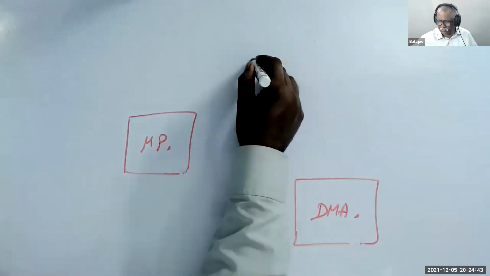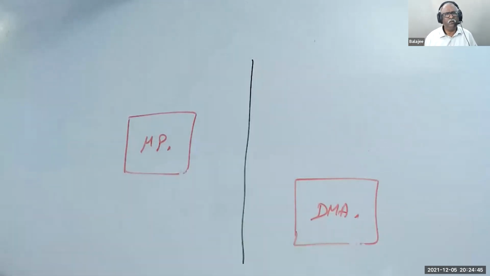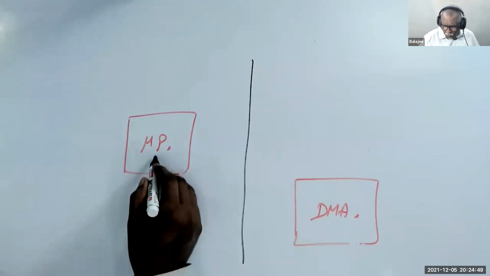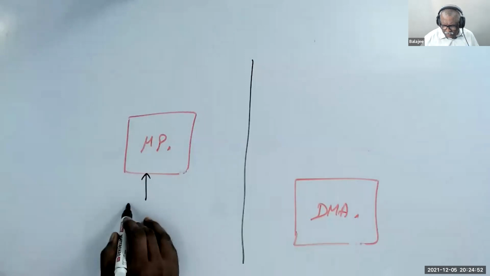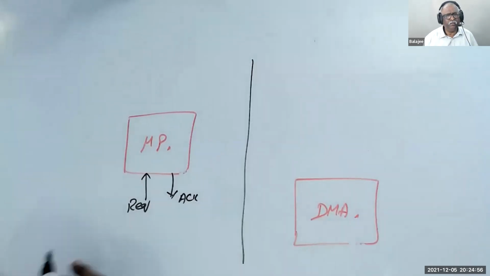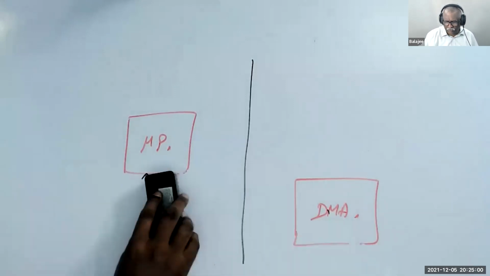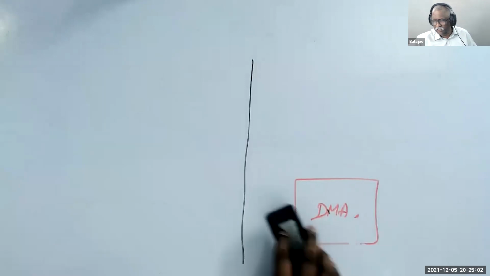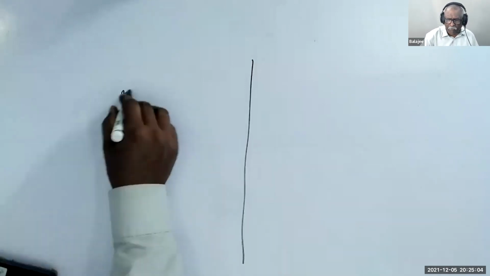So if you have a bus, we know that the microprocessor will have a request and acknowledgement. That way this guy will grab the bus. But that's not always true. The problem is that nowadays I can have multiple processors.